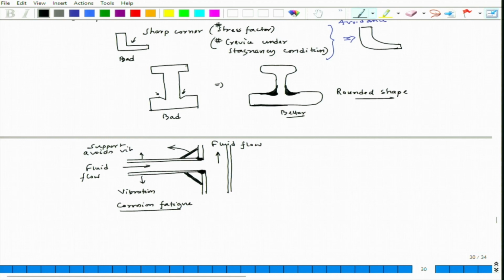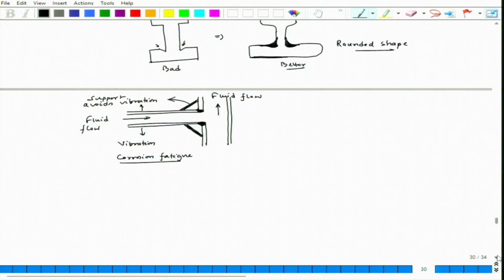Avoids vibration, and accordingly we can actually prevent corrosion fatigue to a great extent. So, this is another effect of influence of stress.